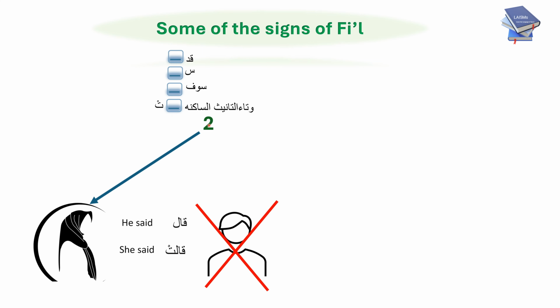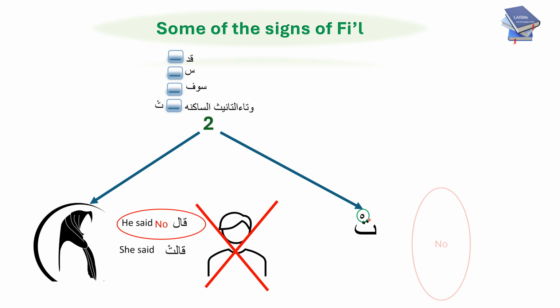The second, which is B, it has to be sukun, not fatha, not kasra, not dhamma. So the verb is known with four signs: qad, sin, sawfa, ta ta'nith.